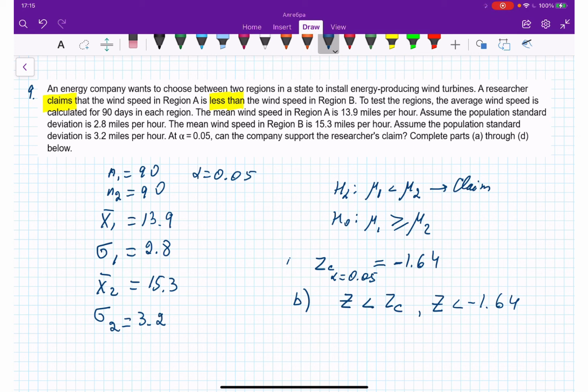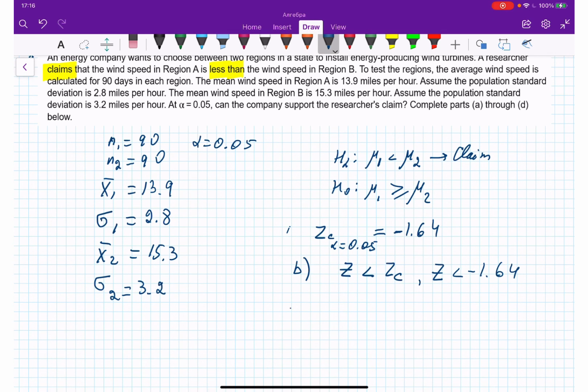I am plugging sigma 1 is 2.8, sigma 2 is 3.2, n1 is 90, n2 is 90, they are equal, and I'm getting the sigma of x1 bar minus x2 bar, which is 0.448206.